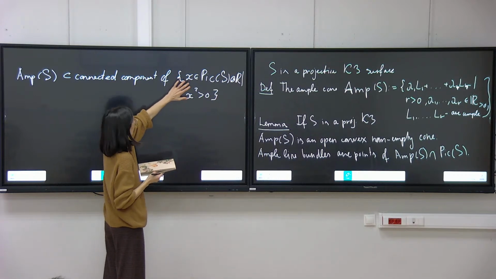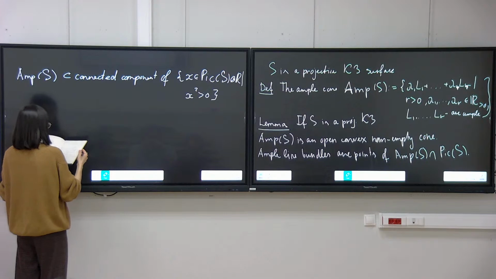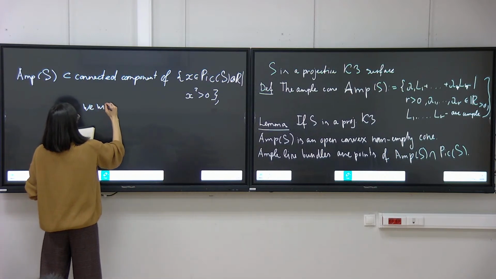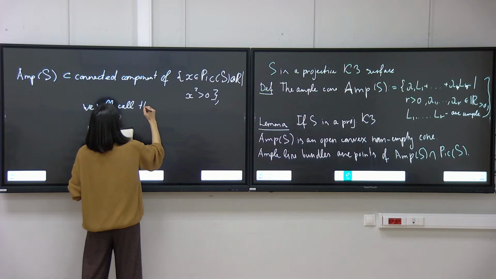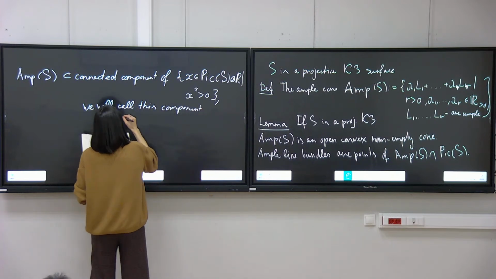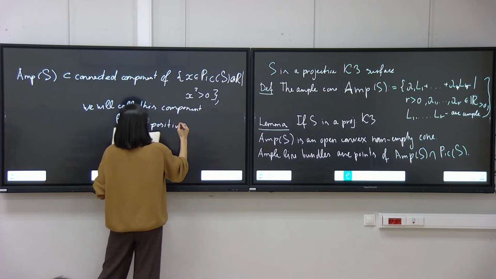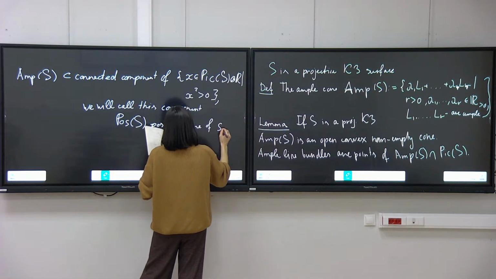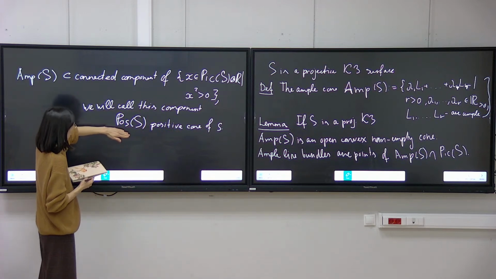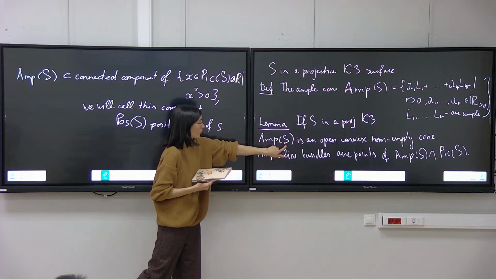So we have already discussed that there are two components, and we claim that the ample cone lies in one of these connected components, and we will call this component the positive cone of S. So there are two components, and we call positive cone of S the component that contains the ample cone of S. Okay?